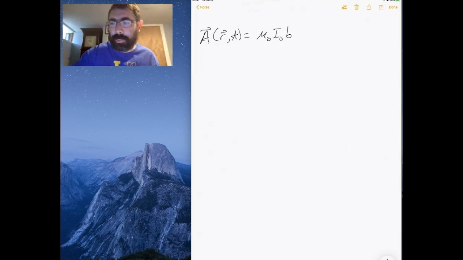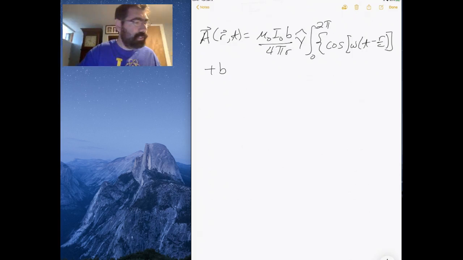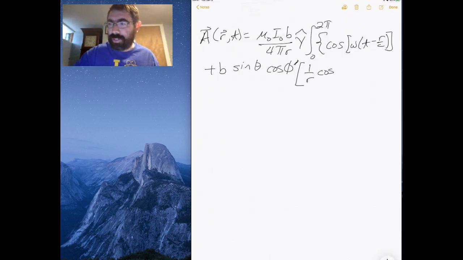So we have mu 0 I 0 b over 4 pi r in the y direction, integral 0 to 2 pi of cosine of omega t minus r over c, plus b sine theta cosine phi, and then that has a 1 over r times cosine of omega t minus r over c, minus omega b over c sine.